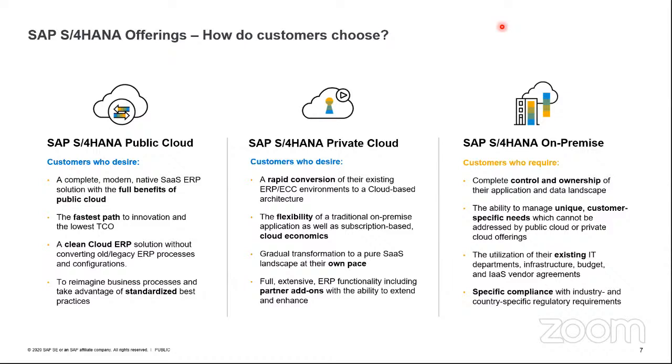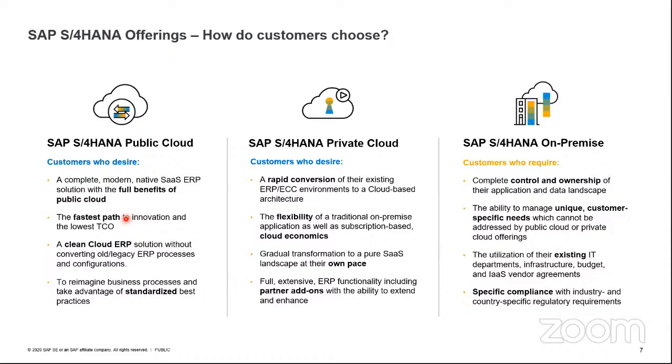The second option is the cloud option, and within the cloud options, we have two different variations. One is the private cloud option, and the other is the public cloud option. When we talk about the public cloud option, it's exactly what I was talking about in the beginning, where SAP completely manages the entire S4HANA Cloud deployment.